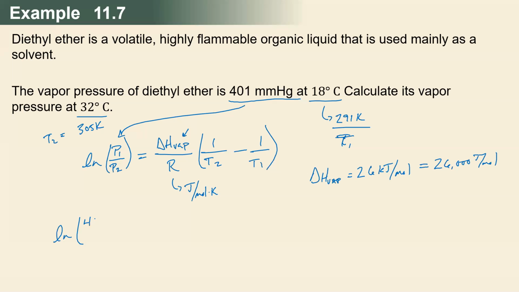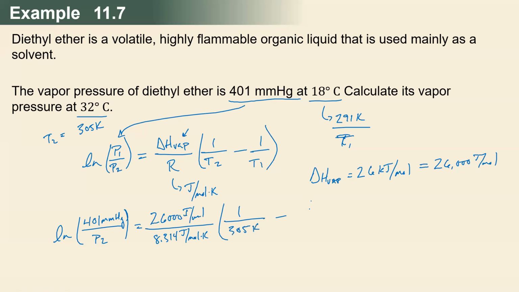Natural log of 401 millimeters of mercury over P2, that's my unknown we're solving for, equals 26,000 joules per mole divided by 8.314 joules per mole Kelvin times 1 over 305 Kelvin minus 1 over 291 Kelvin.